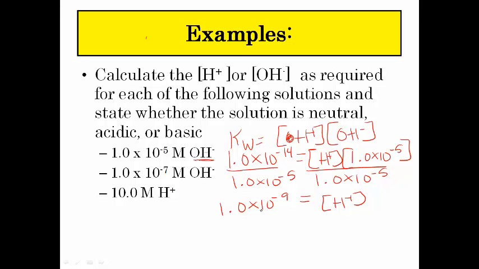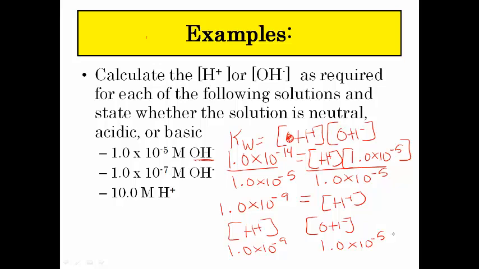And so the other thing is that the question is asking, is this acidic, basic, or neutral? Again, I would compare the H plus to the OH minus. In this case, this is 1.0 times 10 to the negative 9th. This is 1.0 times 10 to the negative 5th.